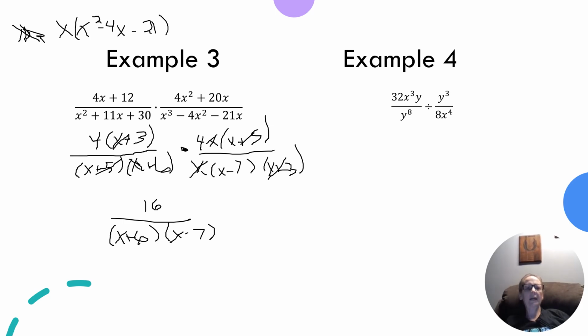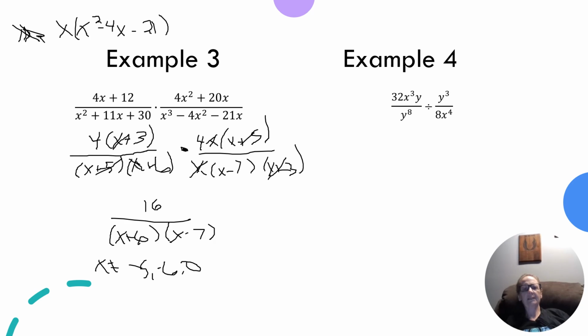So I'm going to go ahead and write my excluded values. It's going to be anything that makes this denominator 0. So what plus 5 is 0 is negative 5. So it can't be negative 5. What makes x plus 6 0 is negative 6. What makes x 0 is 0.